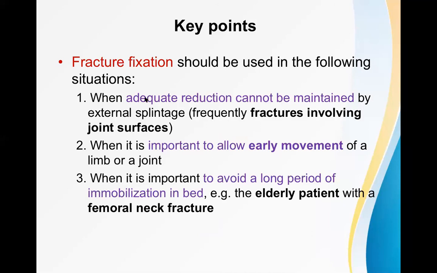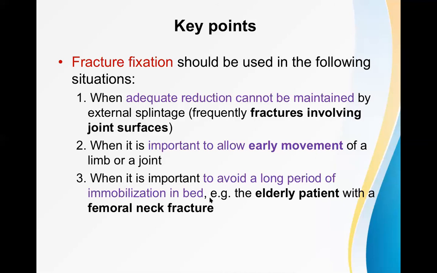Another reason, when it is important to allow the early movement of a limb or a joint, fracture fixation is a good option rather than plaster of Paris. And third, when it is important to avoid a long period of immobilization in bed.